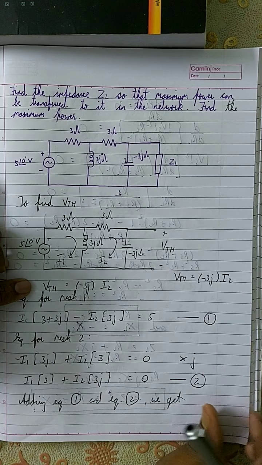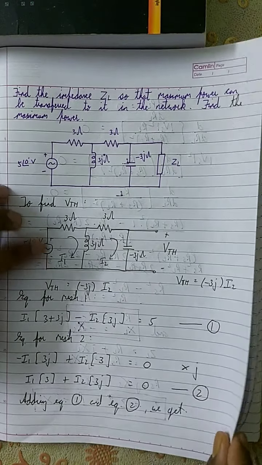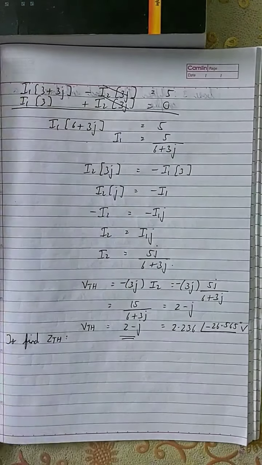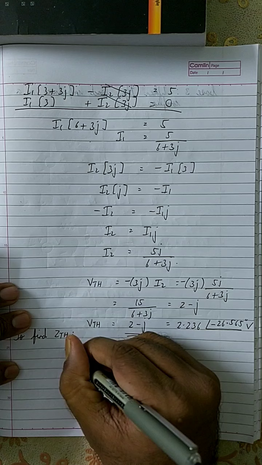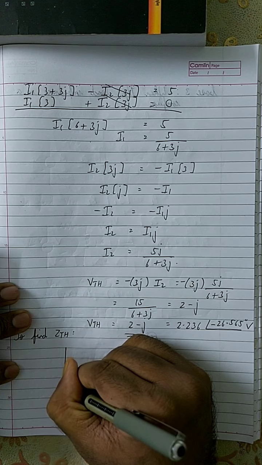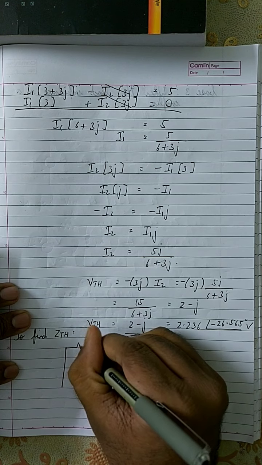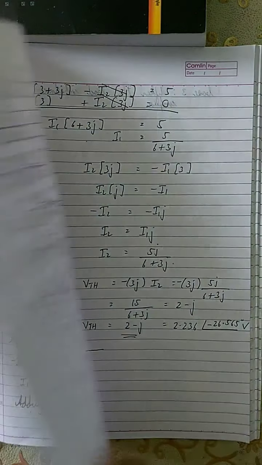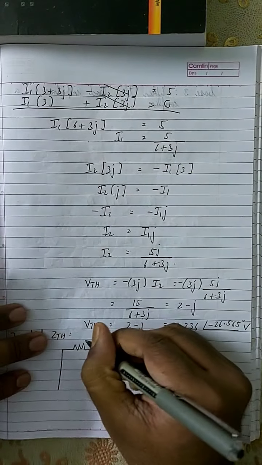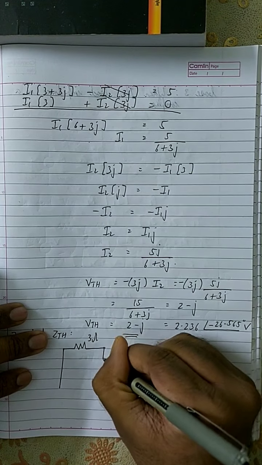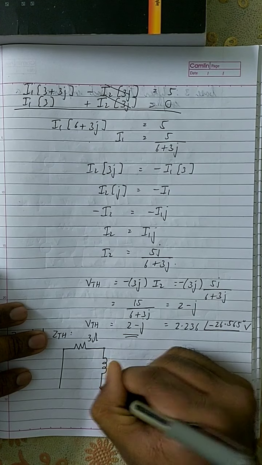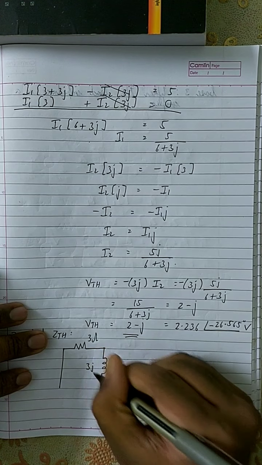If you see a current source, you should open it. Here it's only a voltage source, so you should short it. So the circuit is like this. This voltage source will be removed. Then you'll be left with a resistor over here, which is 3 ohm. Then you'll have an inductor over here, which is 3j.